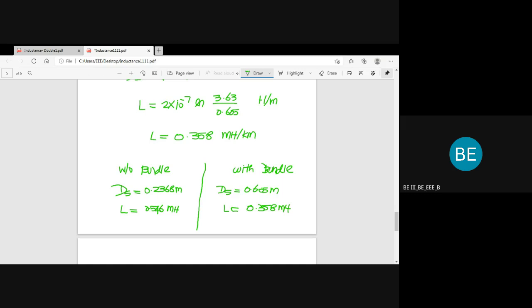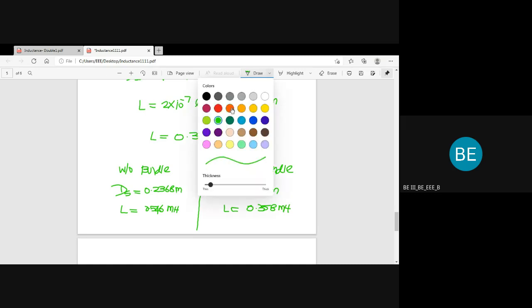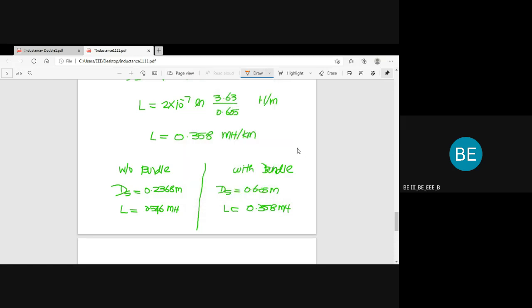Right? So from this, what we can conclude? So we can conclude that if we use bundled conductor, the inductance of transmission line will decrease. Or in other words, if we go for bundling arrangement, the self GMD or the self GMR will increase.